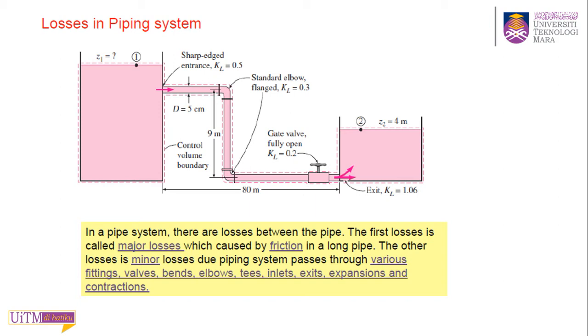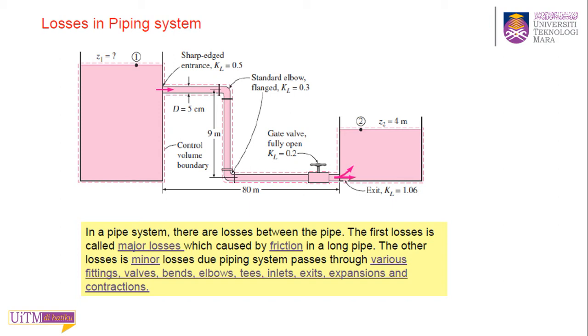Before this, in chapter 3, when we discussed the Bernoulli equation, we assumed that there are no losses, right? Can you remember that? Yes. So we understand that in real life there are actually losses, confirm there will be losses.